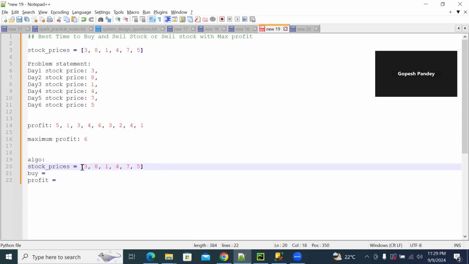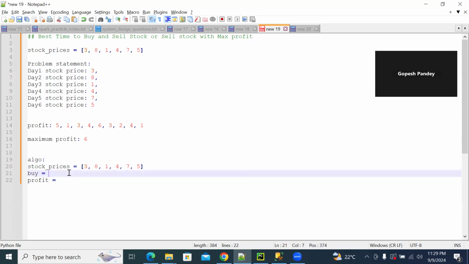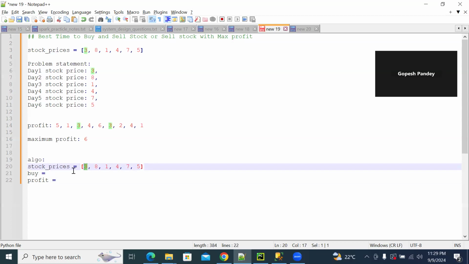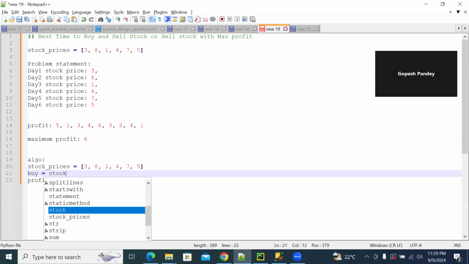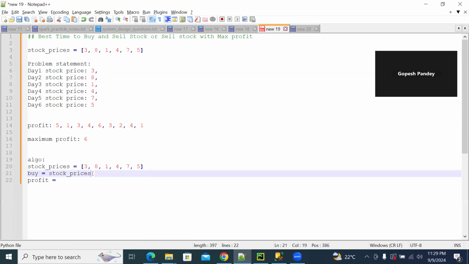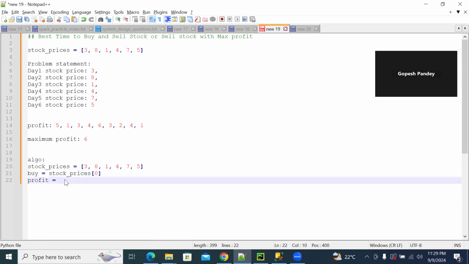The day 1 stock price, just declare that as the buying amount. Don't do anything else. The first element of your list, consider that as the buying amount. So I'm declaring the buy variable where I am taking the zeroth element of stock price. So the zeroth element, 3, we have assigned as buy here. Profit, we don't know yet what the profit is, so we'll initialize it with 0.